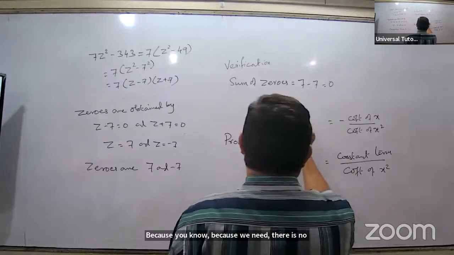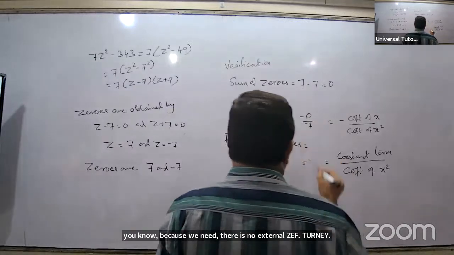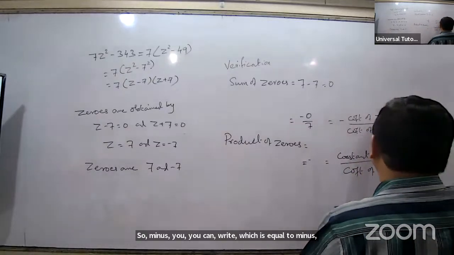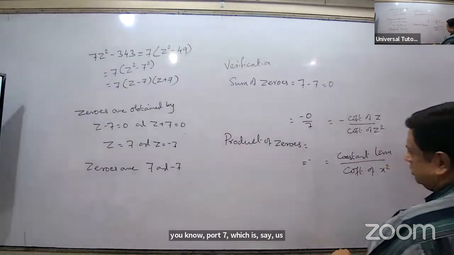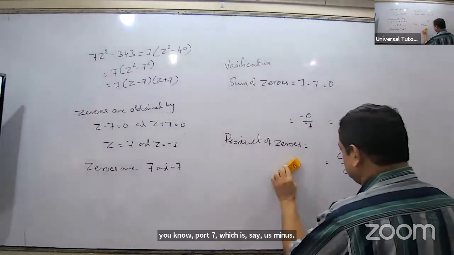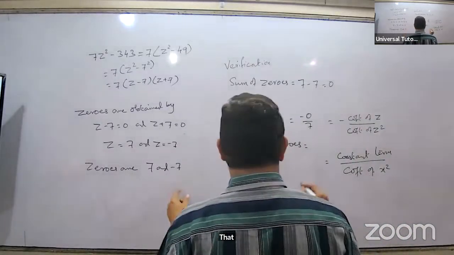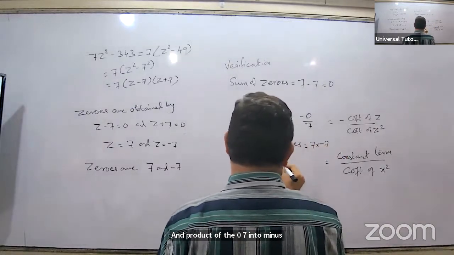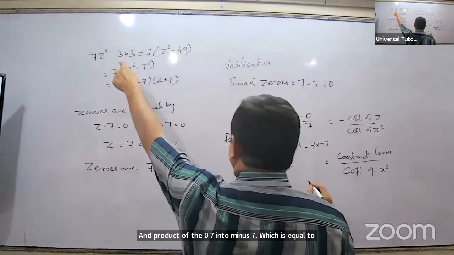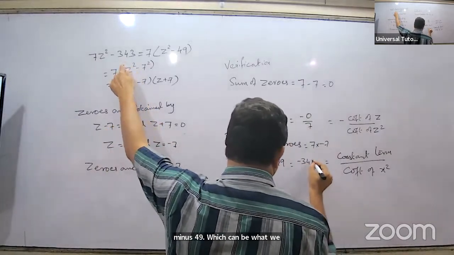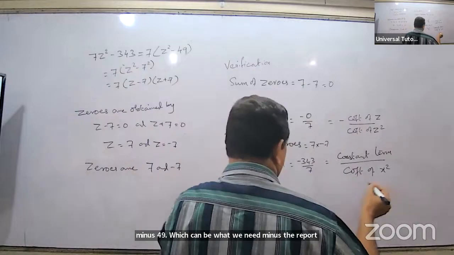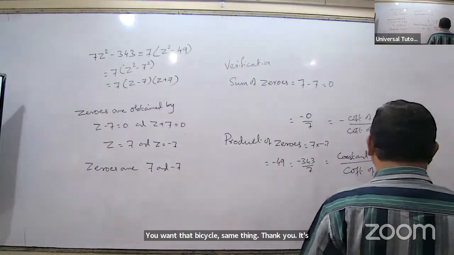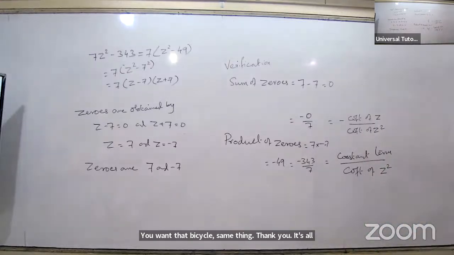So you can write it as minus 0 upon 7, which is the same as minus coefficient of z upon coefficient of z square. And the product of the zeros, 7 into minus 7, is equal to minus 49, which can be written as minus 343 divided by 7. Same thing. It's all just an adjustment with multiplication, making it bigger or smaller.